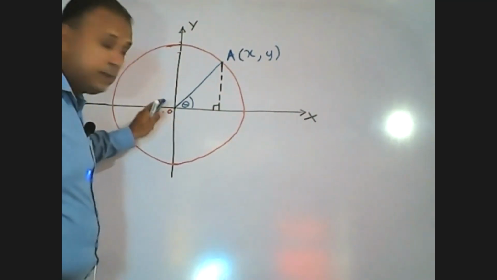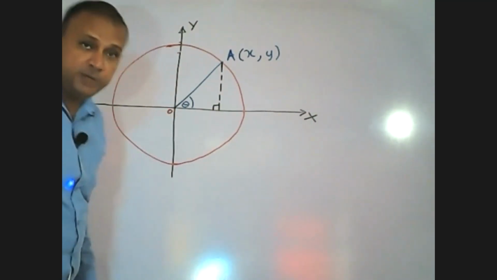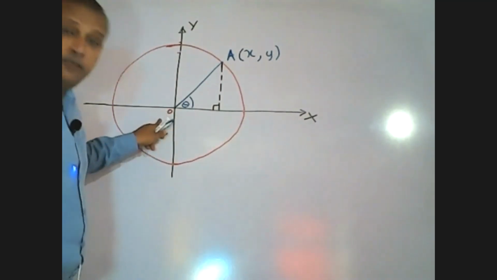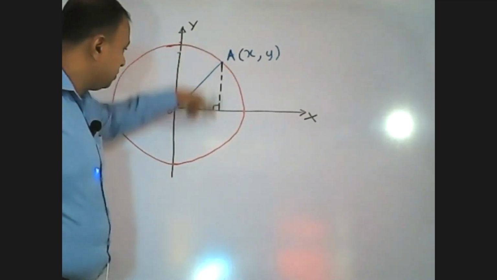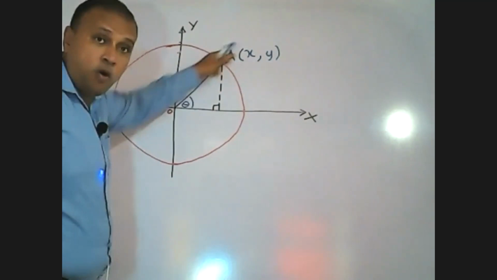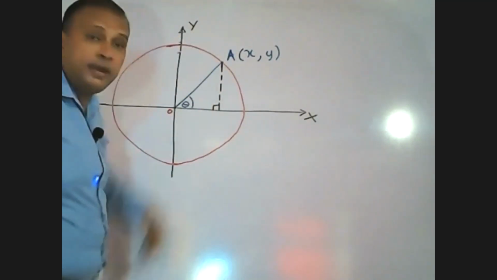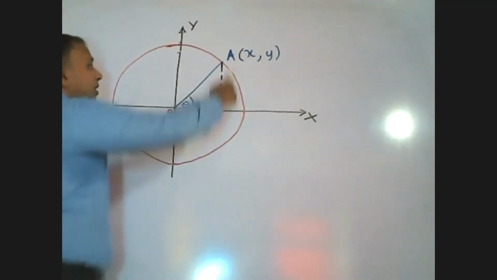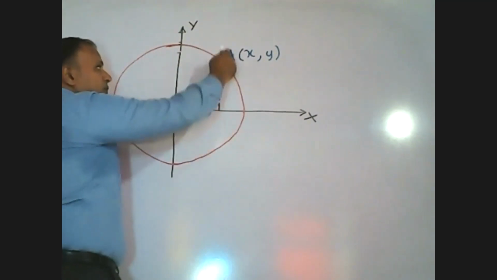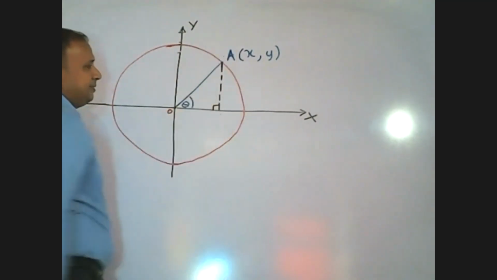So to draw the perpendicular projection of A on the x-axis, we have to draw a perpendicular from A to the x-axis.